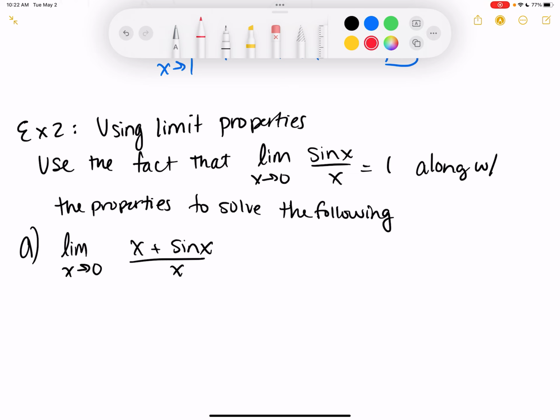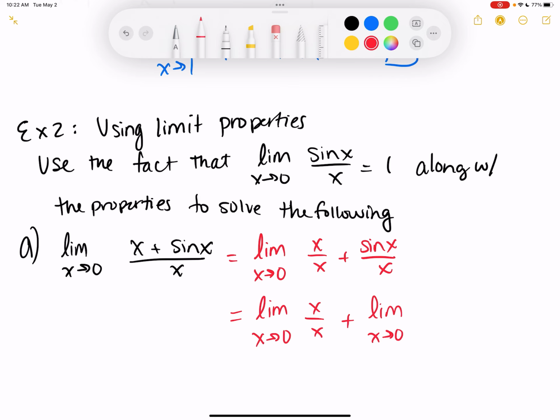Okay. So I'm going to have the limit as x approaches 0 of x over x plus sine of x over x. Then by our sum rule, we can split this into 2 separate limits. The limit as x approaches 0 of x over x plus the limit as x approaches 0 of sine of x over x.